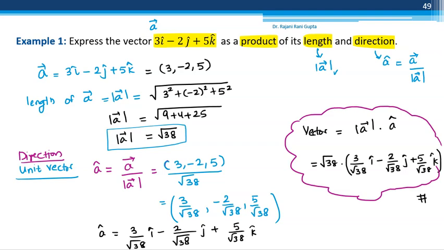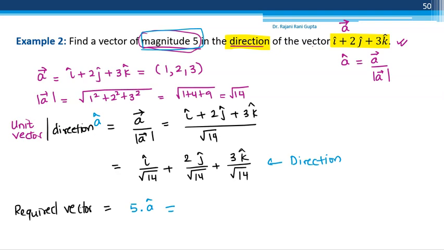So that's why there you multiplied by root 38. Here they are asking you to find a vector in the direction of this vector, and magnitude should be 5. So this gives you direction. So you multiply 5 with this vector i over root 14 plus 2 over root 14 j plus 3 over root 14 k. Clear? Note the difference.